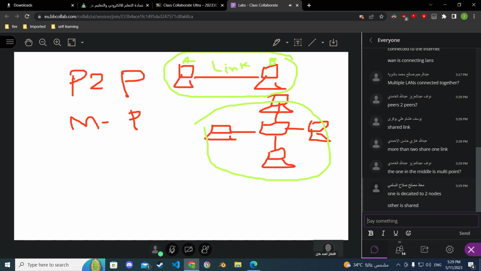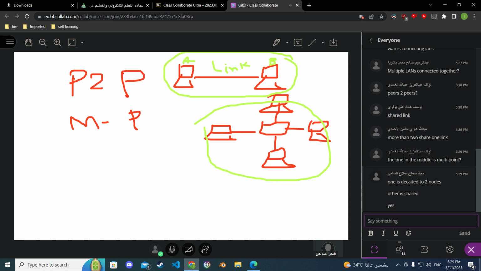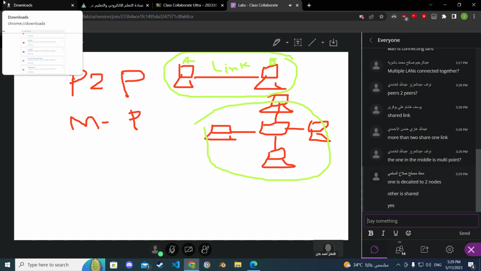In multi-point, there are multiple devices. A multi-point connection is one in which more than two specific devices share a link, more than two, maybe three, maybe four.